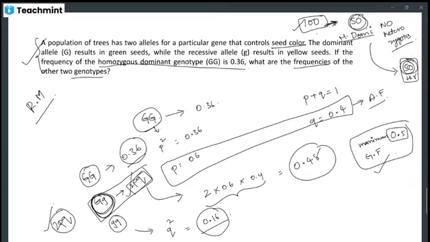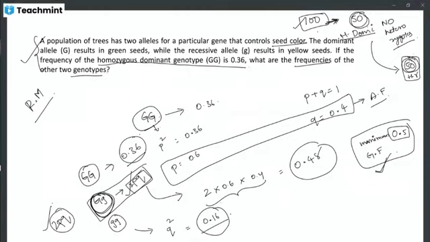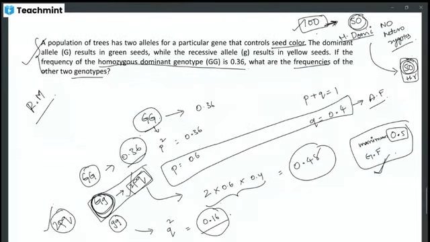Is this statement correct? Not only in this example, but it is a general statement that 0.5 is considered as the maximum genotype frequency in a Hardy-Weinberg equilibrium. Will this statement stand true? Okay, no. Why? Why can't it?